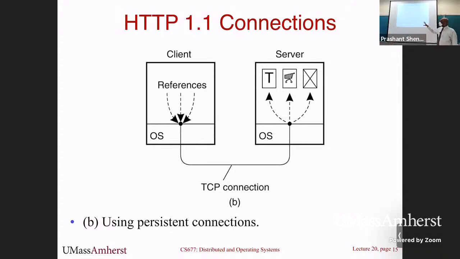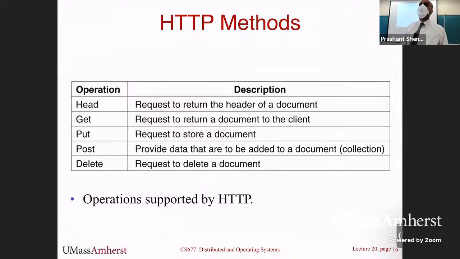So HTTP 1.1 had this notion of persistent connection, but because the requests had to be sent sequentially, it didn't really achieve the goal of saving the connection overhead. And we'll see how HTTP 2 solved that problem.